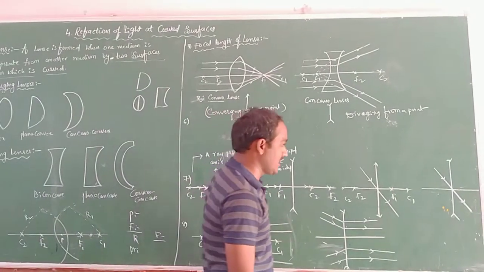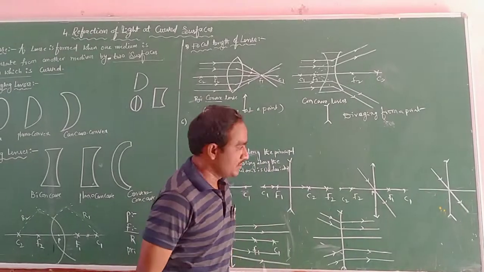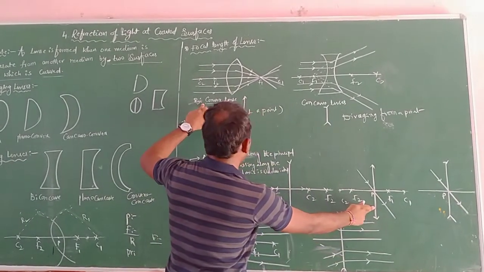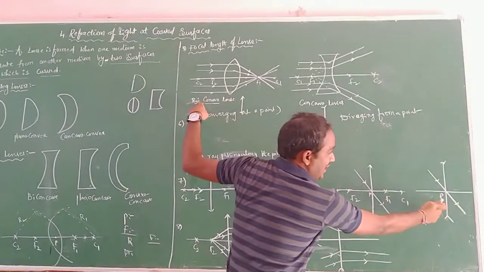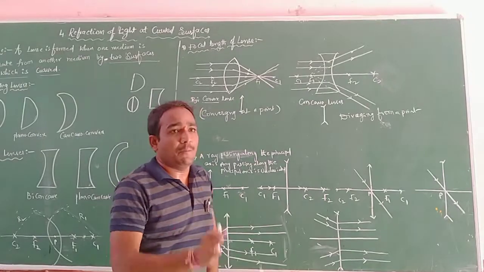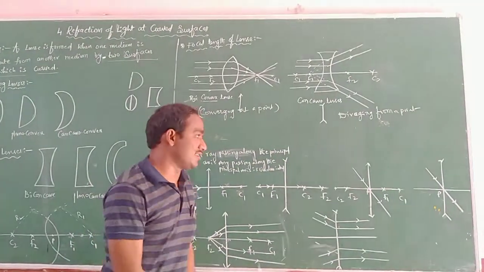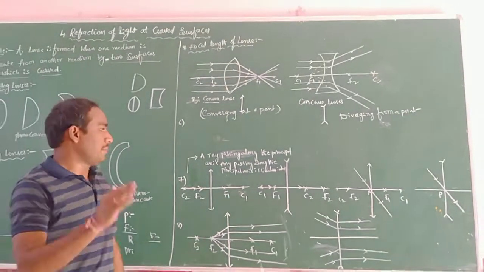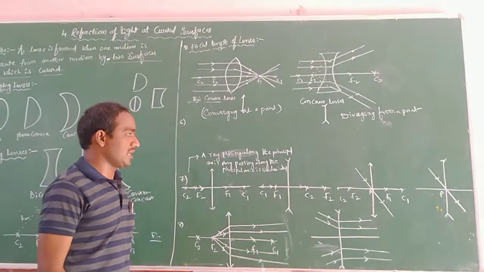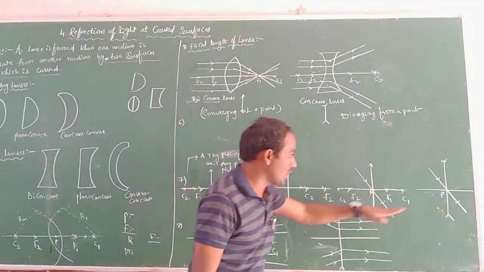So here we take another one, which is the optic center. Which lens do we choose? Biconvex lens. And which lens here? Concave lens. If any ray passes through the optic center, it continues along the same line, so that line is undeviated in both cases.